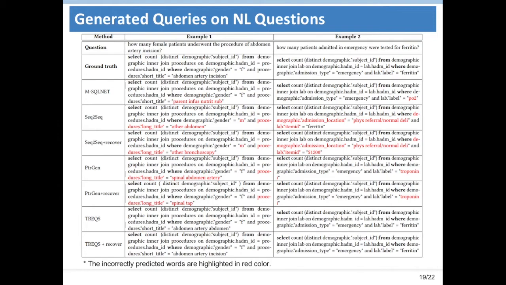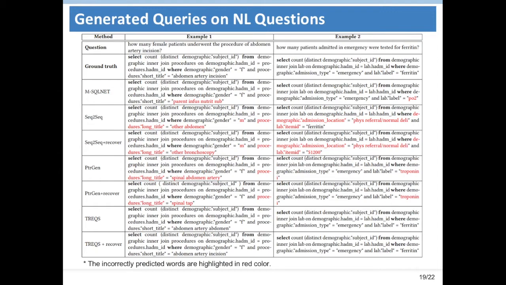Similarly, for example 2, for sequence-to-sequence model, even if it correctly predicts the value ferritin for the second condition, it predicts an incorrect condition column lab item ID. In this case, the recover technique can only recover the numerical value for lab item ID instead of keeping the correctly generated condition value.